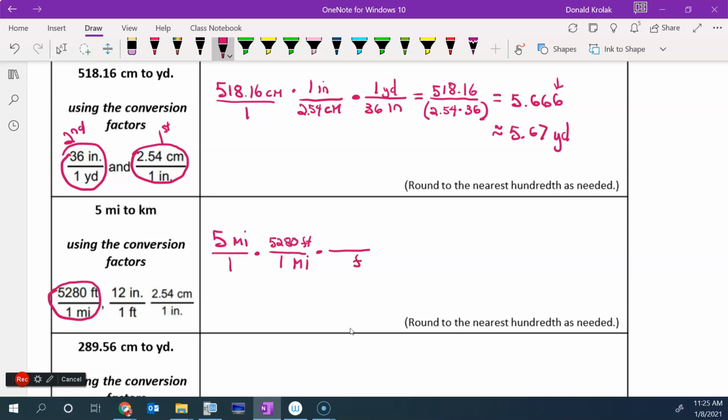I got to have feet in the denominator. Oh, right there. Now I know I got to have inches in the denominator. So I use this guy first. Second. Third. Now I'm just going to multiply all these guys.